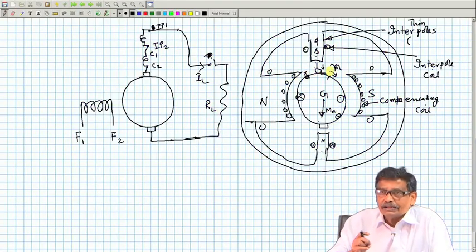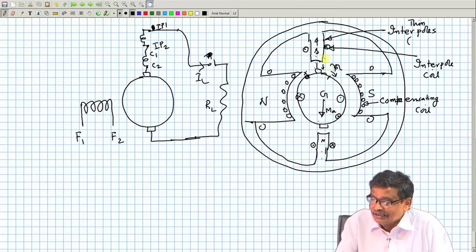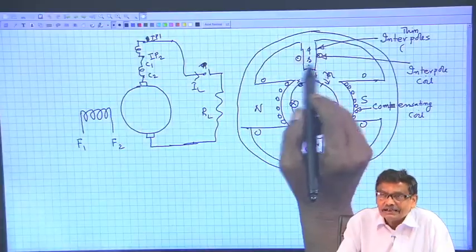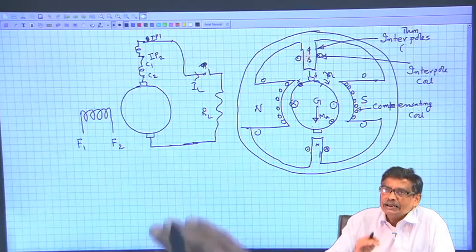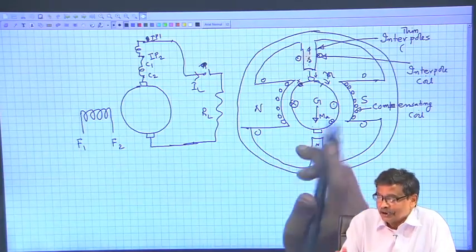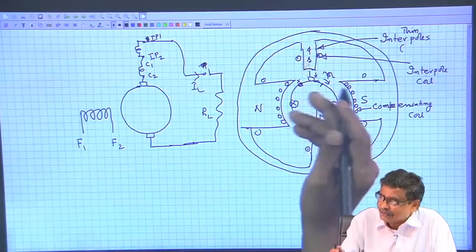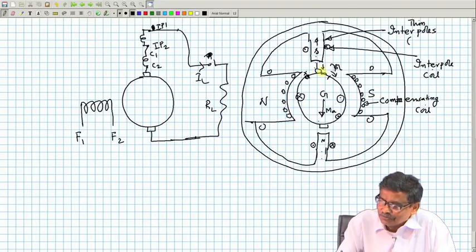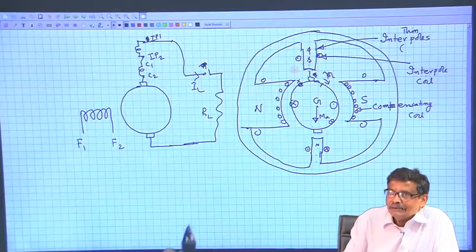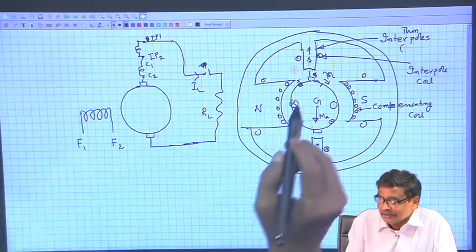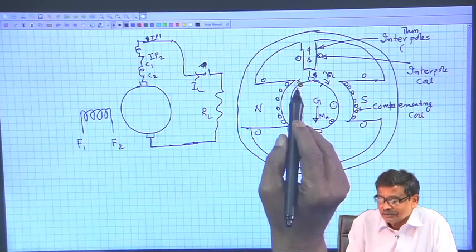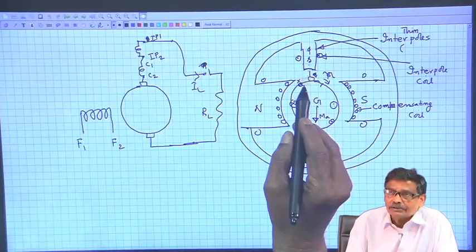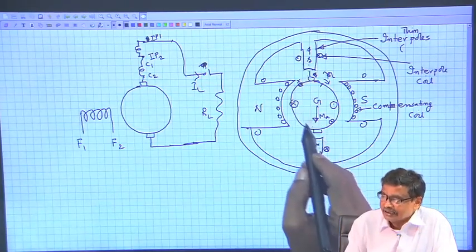Now, I may make these compensating poles by selecting the number of turns a little higher than what is required to nullify this quadrature axis flux itself. That is okay, instead of a north pole here, when this conductor comes here, it will see a south pole. That means, this conductor was carrying cross current, it has to carry cross, no, nothing doing, because these are in series here.